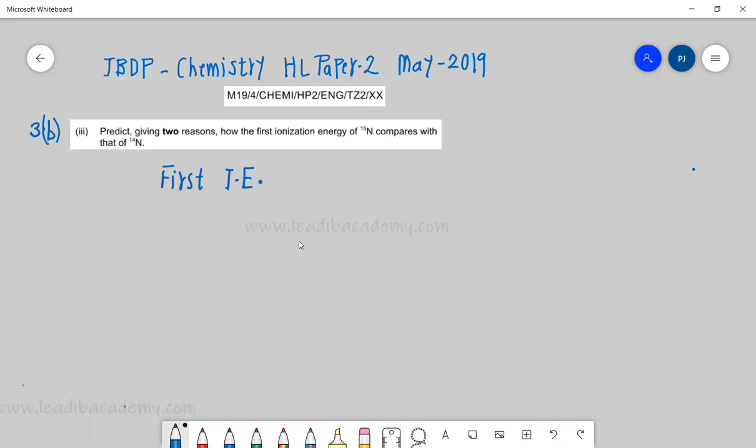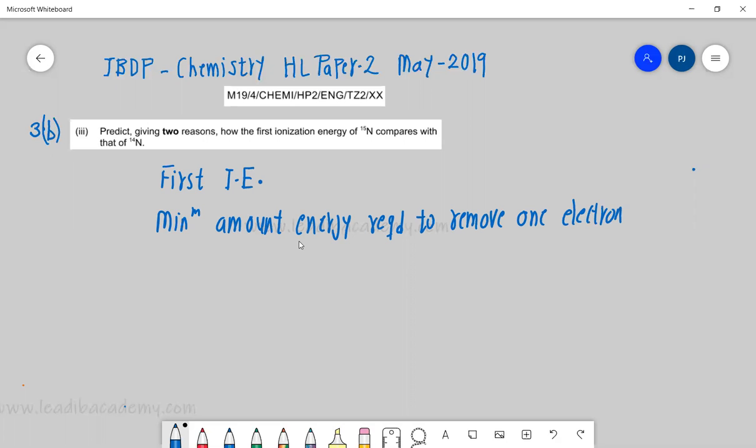First ionization energy means it's the minimum amount of energy required to remove one electron from the gaseous atom.